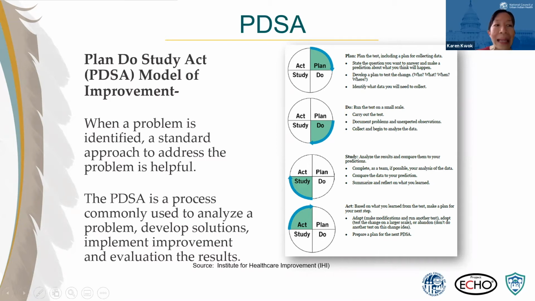So in the first step of planning, you're looking at how you might test the same program that you had proposed. How would you go about collecting the data? What data is pertinent to inform those next steps of this PDSA cycle?